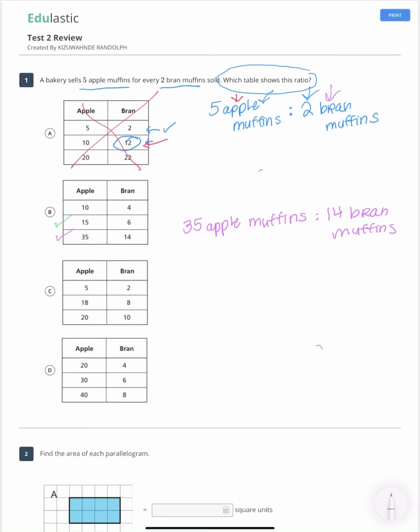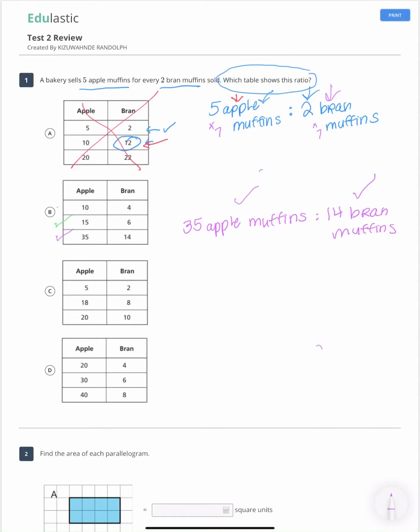How can I get 2 to 14? What can I multiply times 2 to get to 14? If you guess 7, you are absolutely correct. And whatever you do to one side of the ratio, you must do to the other side of the ratio. So 2 times 7 is 14, which checks off. And 5 times 7 is 35, which means that this row is the equivalent ratio.